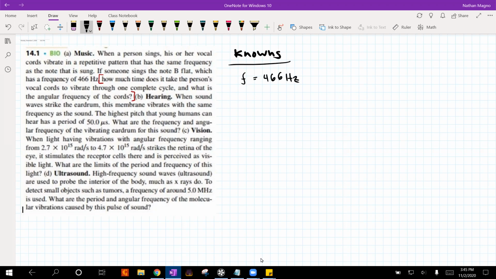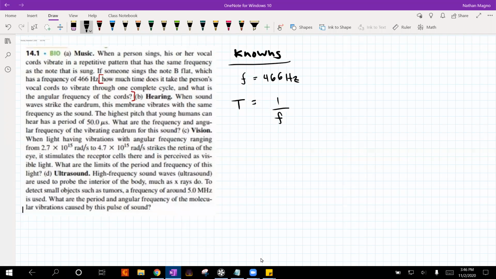Does anybody know the definition of a period in simple periodic motion? A period is the time it takes to complete one cycle. Yep, bingo. And mathematically, as Solomon said, one complete cycle is defined as 1 over the frequency.